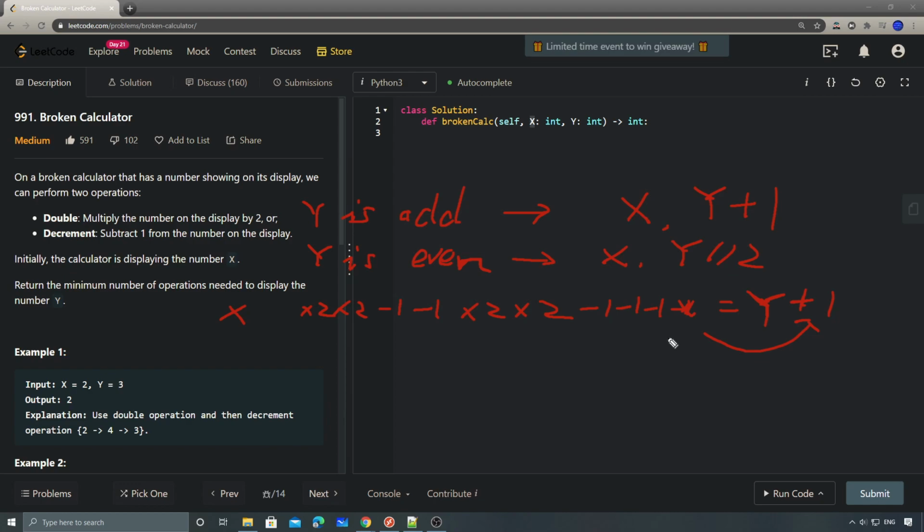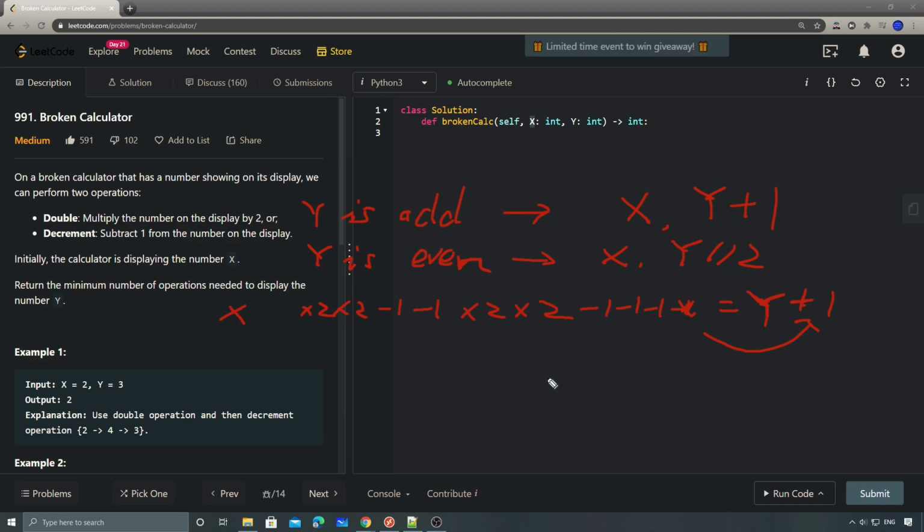This means that if y is even, the last step is always going to be the double. Why is that? Because there are two scenarios.